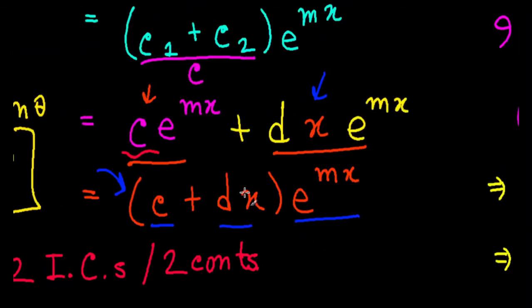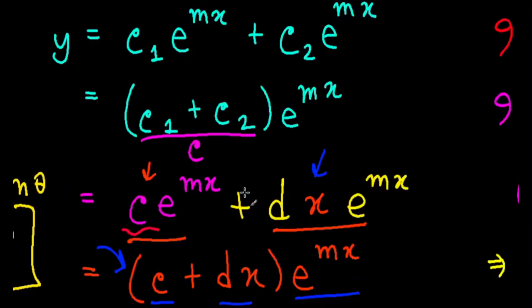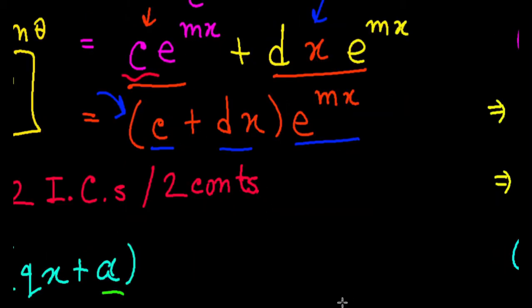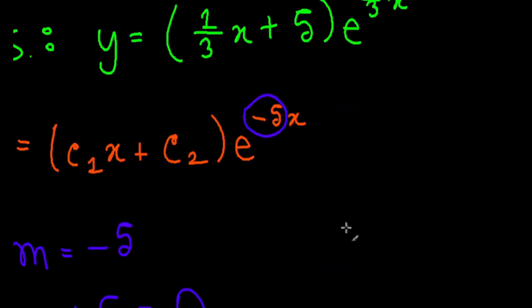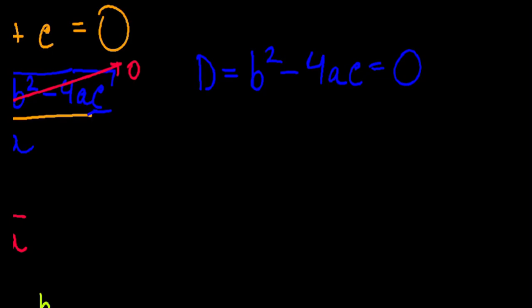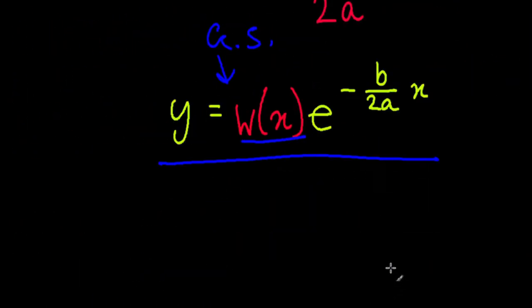Some constant c multiplied by e to the power negative b by 2a x has to be a solution.